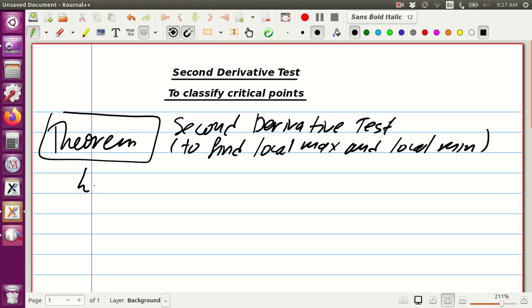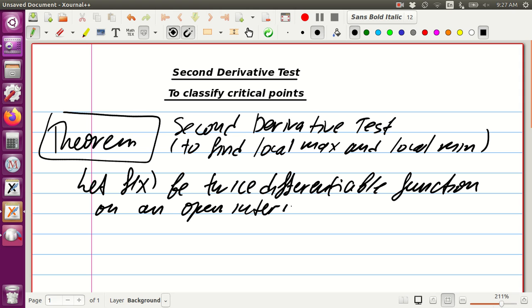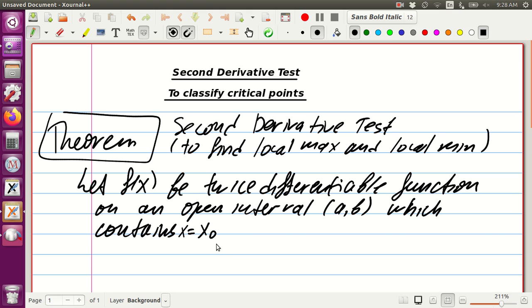All right, so let f of x be a twice differentiable function on an open interval, let's say (a, b), which contains x sub 0.